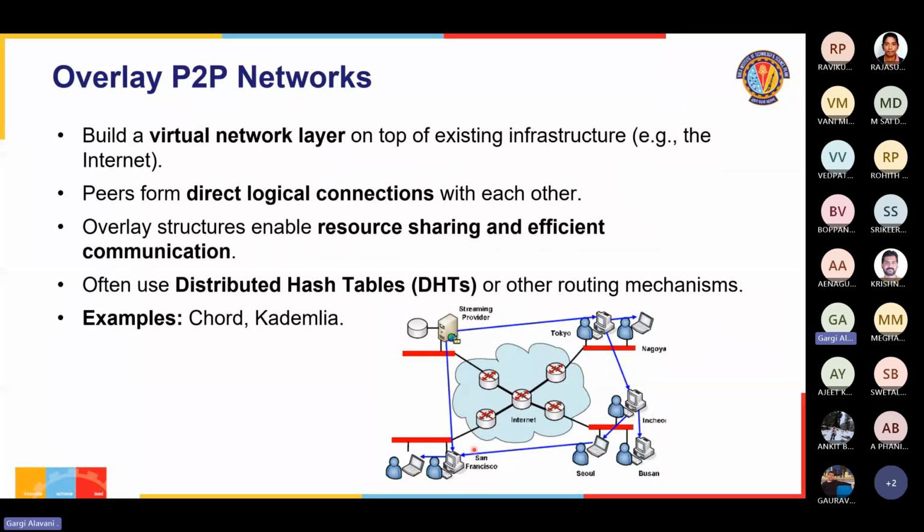We will talk about hashing in the next slide. But when you are trying to find a node for reading or storing data, you have to locate this node, right? So how do you locate this node? You have a hash key for each of the files that you are trying to store in a particular node.